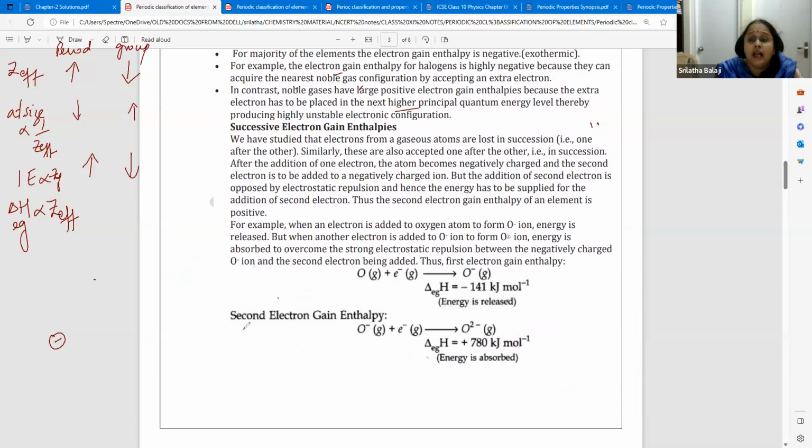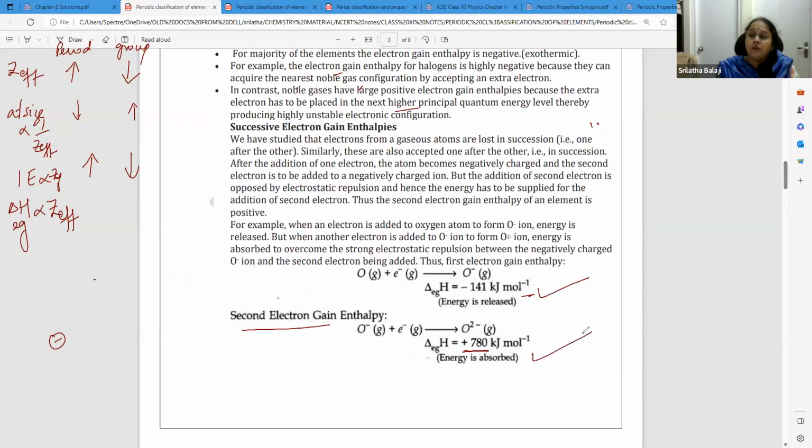Second electron gain enthalpy of oxygen is positive, whereas first electron gain enthalpy is negative. Look at the value. What does it mean? When the first electron is added, energy is released. Okay. When the second electron is added, energy is absorbed.